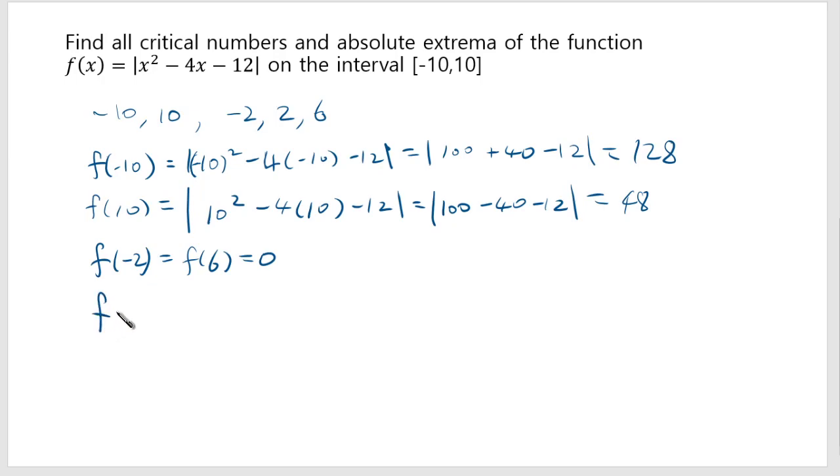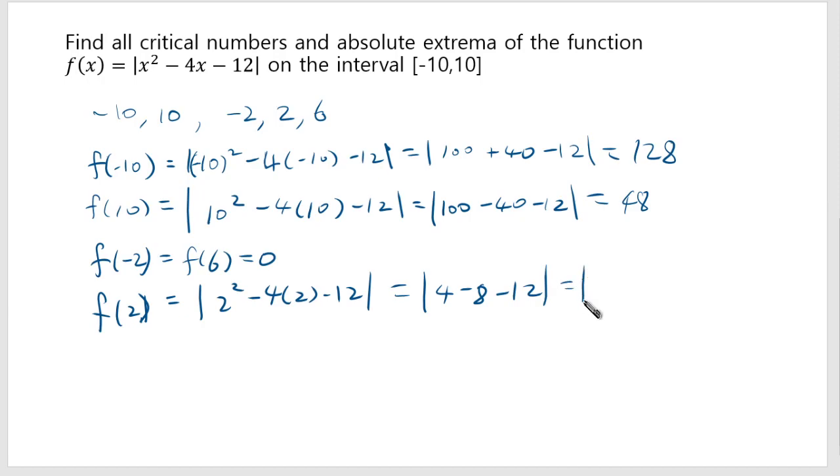And then f of 2 would be the absolute value of 2 squared minus 4 times 2 minus 12, which is 4 minus 8 minus 12, which is -16, absolute value, so that's +16. Okay, once you have this, now you can pick the highest, this is the maximum, and pick the lowest, this is the minimum.